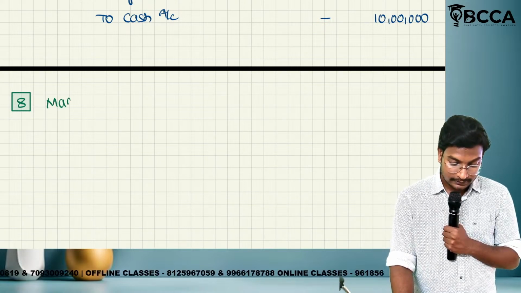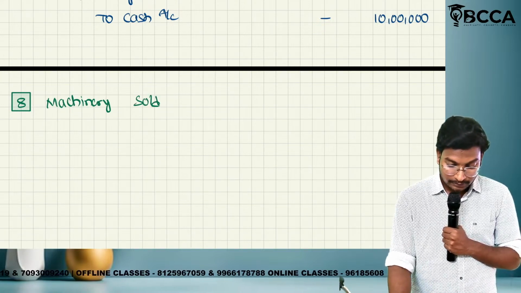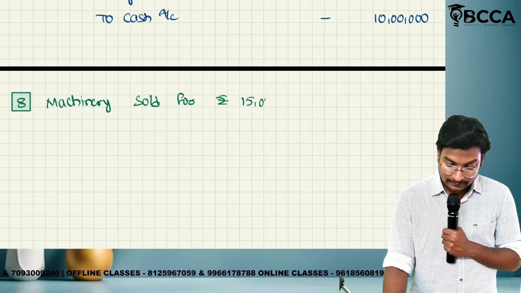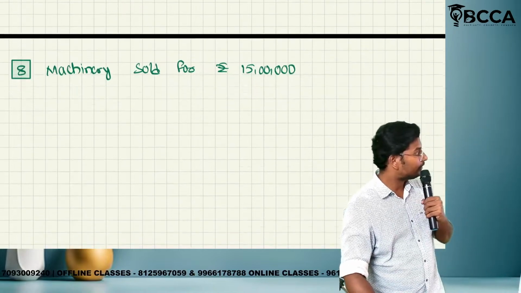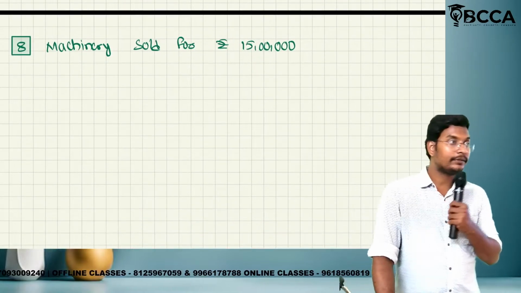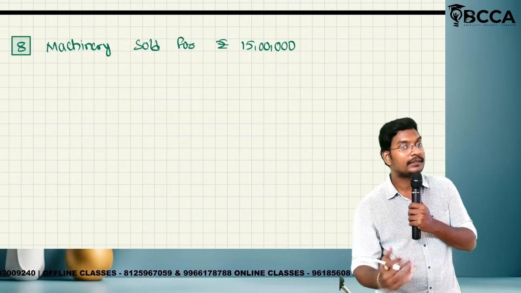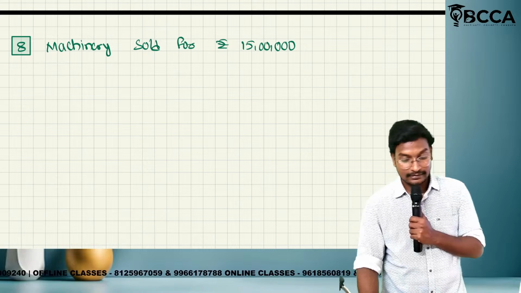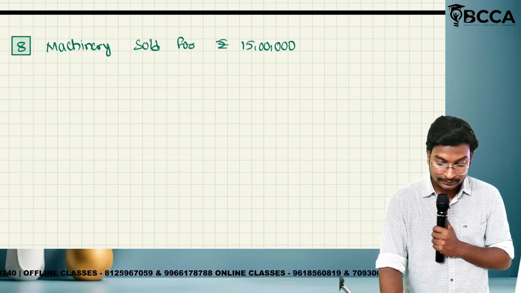Machinery sold for rupees 15 lakhs. Machinery sold for rupees how much? 15 lakhs. So here we have sold the machinery, not the goods. We have sold the machinery, so we have to take the outcome of the asset, not sales. Asset. So what are the outcomes? Machinery and cash.